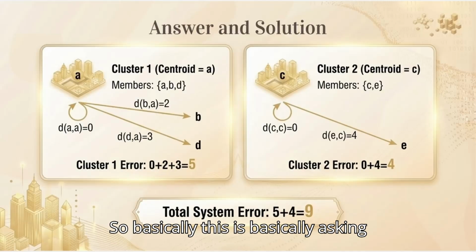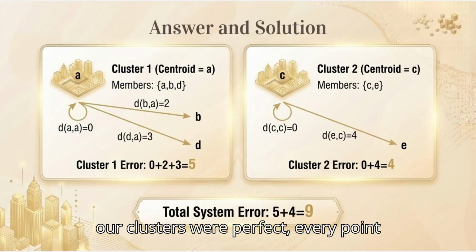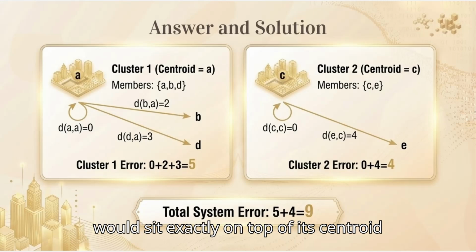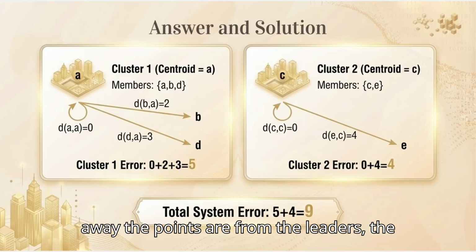So basically, this is asking just how bad is our clustering, right? If our clusters were perfect, every point would sit exactly on top of its centroid, and the error would be 0. The farther away the points are from their leaders, the higher the error.